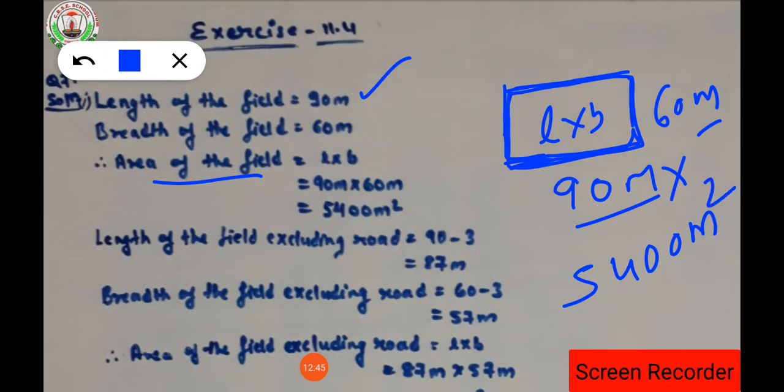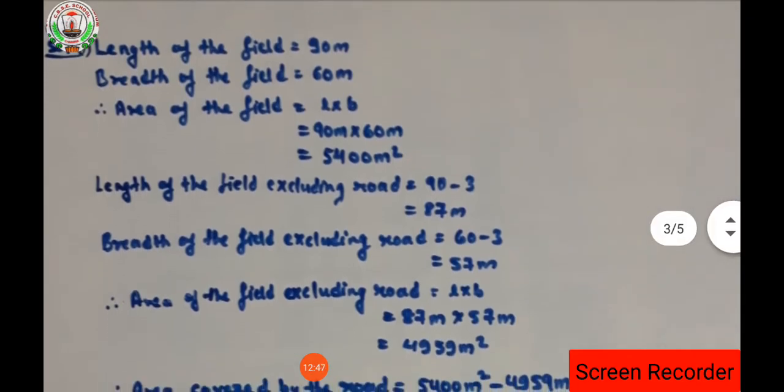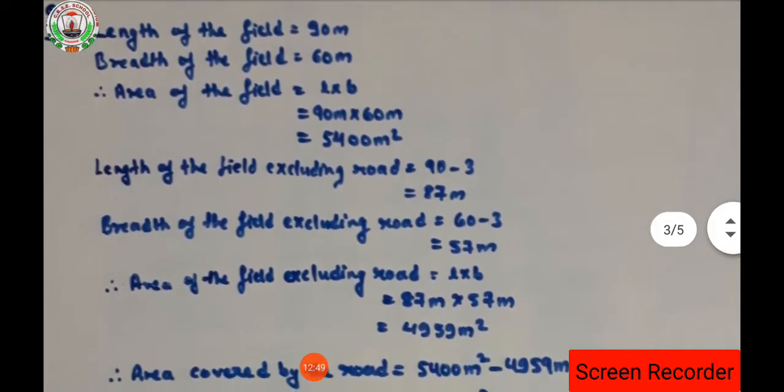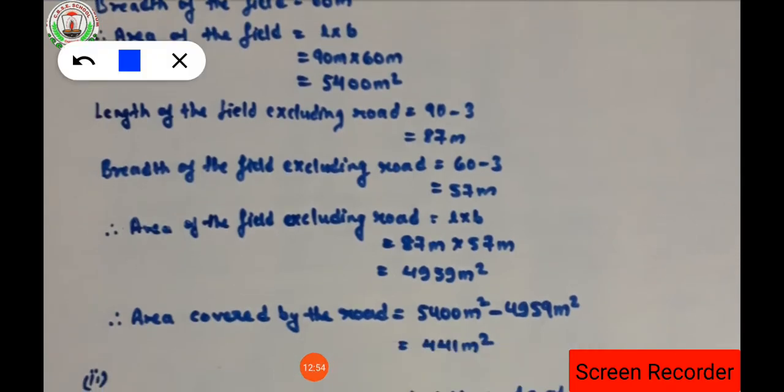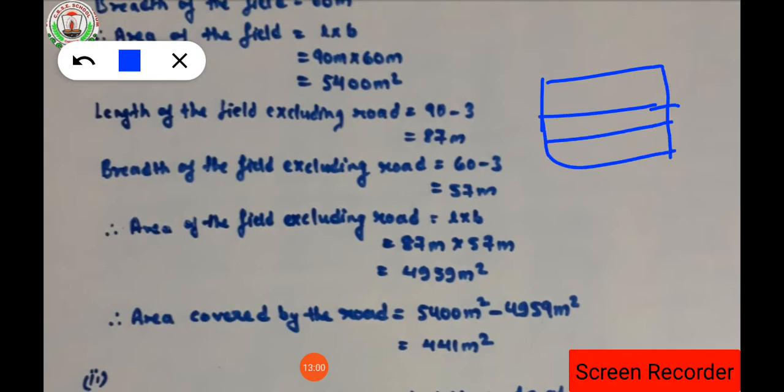Clear up to here? Now in the next part of the question, it is very clearly given that a cross road is made, isn't it? In the first part of the question it is said that when a rectangular field is there, that field is having a cross road, as in question number 6.